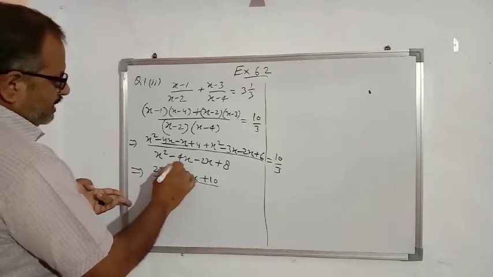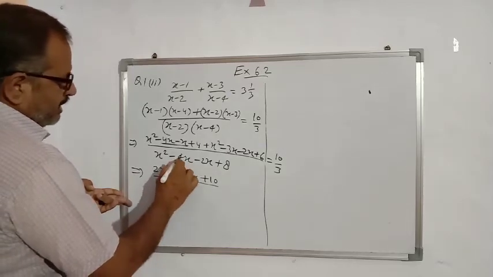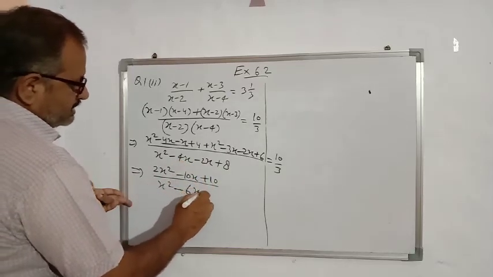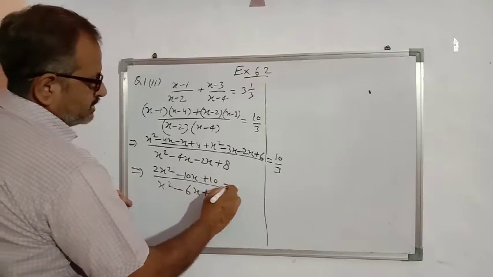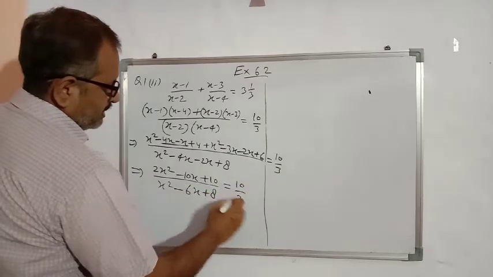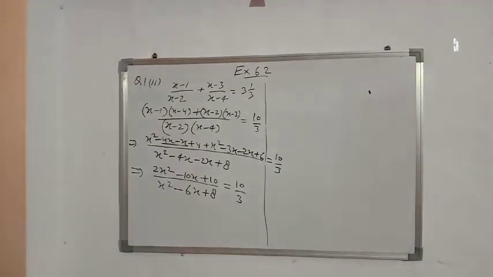Denominator x square minus 4 minus 2 minus 6x plus 8 is equal to 10 by 3.